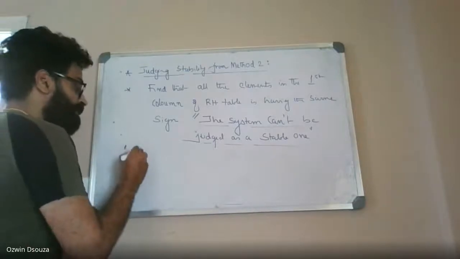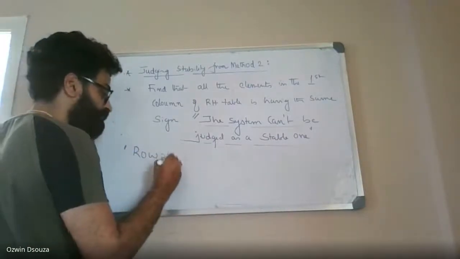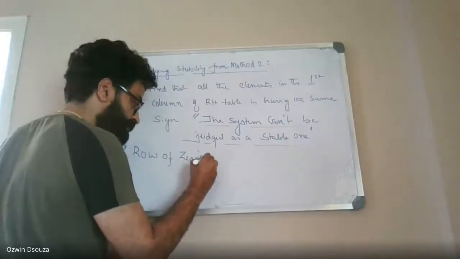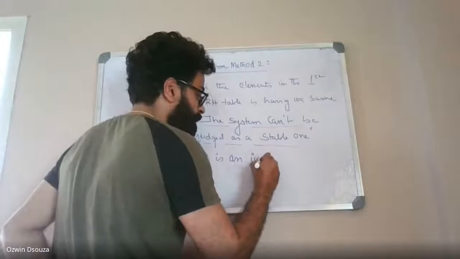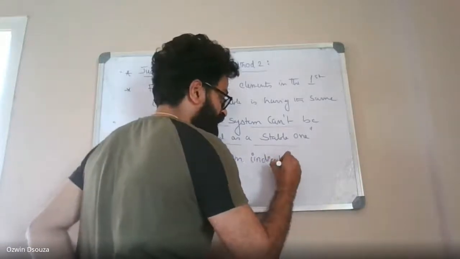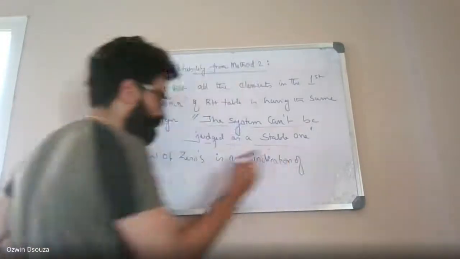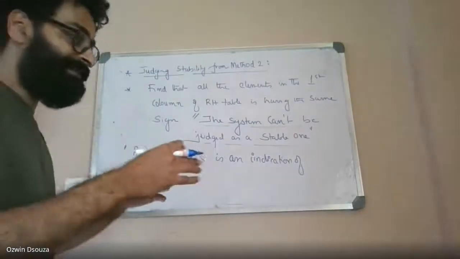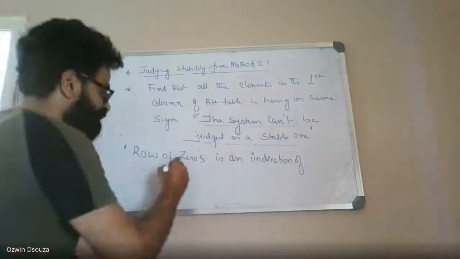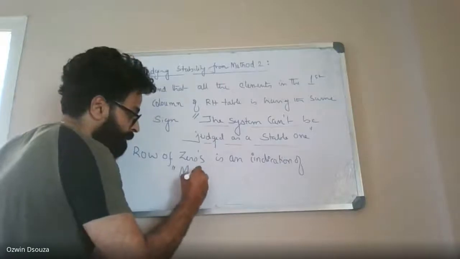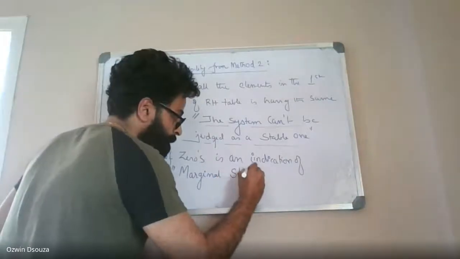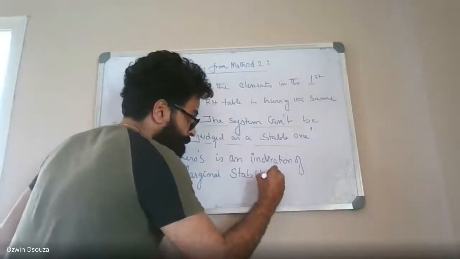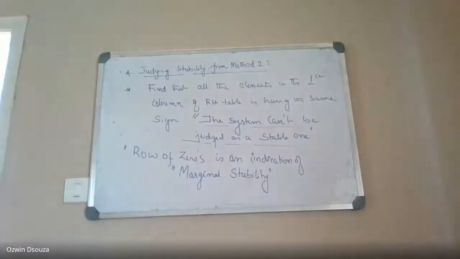That's because a row of zeros is an indication of something known as marginal stability.